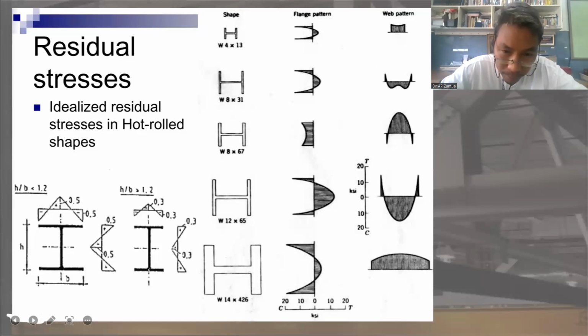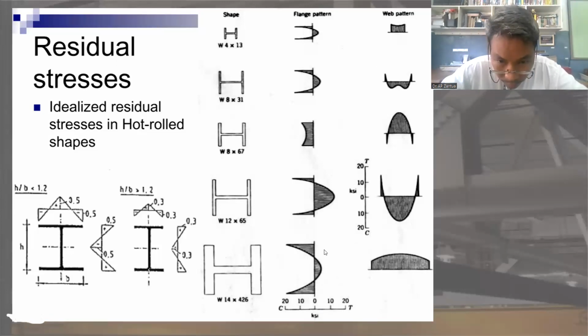Negative 0.5 compression, and at the center is positive 0.5 tension. So at the center, this is about 5 KSI tension.